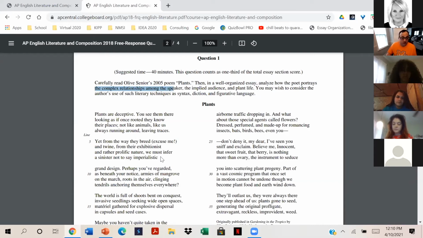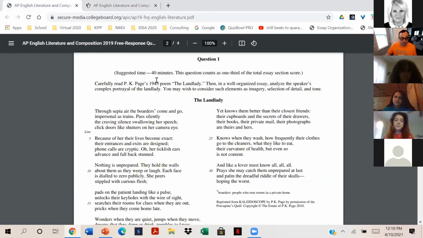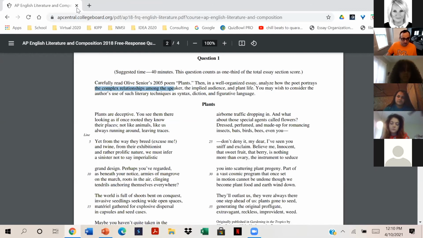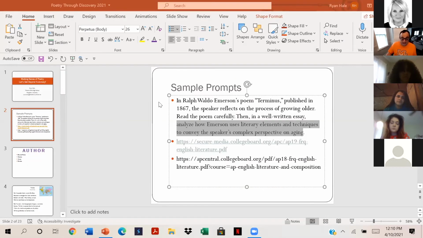And then I want to show you the year after that, the landlady, which you might have also seen. Analyze the speaker's complex portrayal of the landlady. Okay? So it's always going to be about some complex something. So we have to figure out a way to get to that complexity.